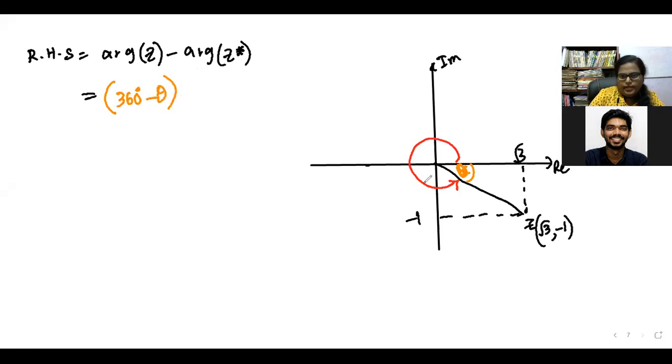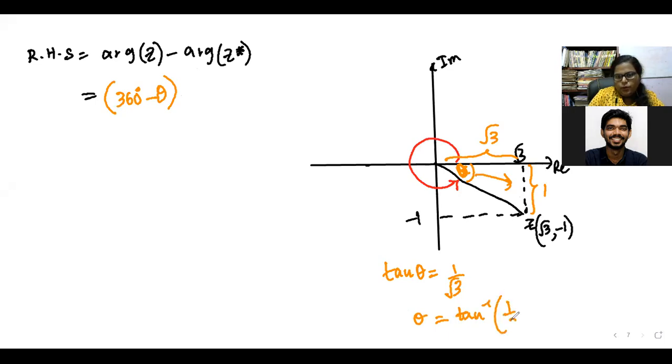We can get the red color angle by subtracting this theta angle from 360. Tan theta is the opposite value, 1, over this value, square root 3. So 1 over square root 3, and theta equals tan inverse of 1 over square root 3, which equals 30 degrees. So 360 minus 30 equals 330. So this part is okay.